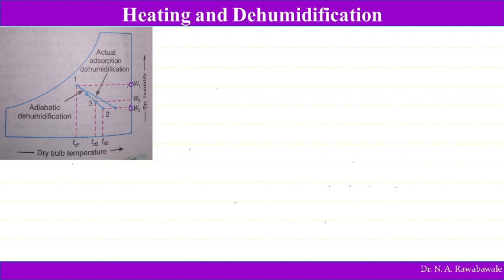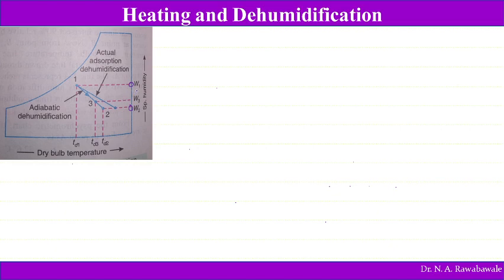As the moisture is condensed, the heat of condensation is left into the air, and that increases the sensible heat of air. Thus in this case, increasing its dry bulb temperature and reducing the specific humidity, the heating and dehumidification process is achieved.